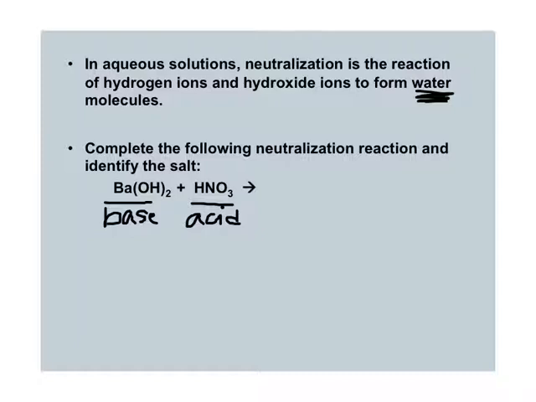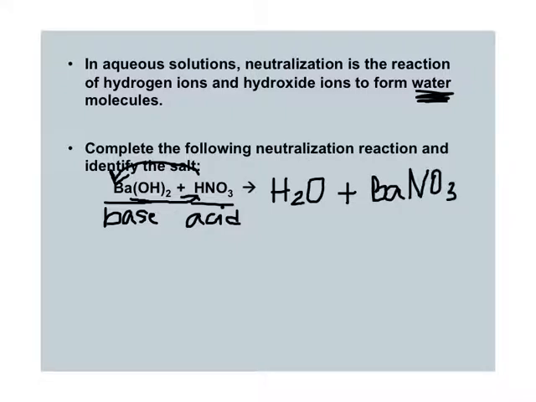So when I switch my partners here, barium's going to switch with hydrogen because they both have positive ions. I'm going to get H with OH, so it's going to be H2O. And who's barium with now? NO3, which hopefully you remember barium is a +2, so I've got to have 2 nitrates to balance.